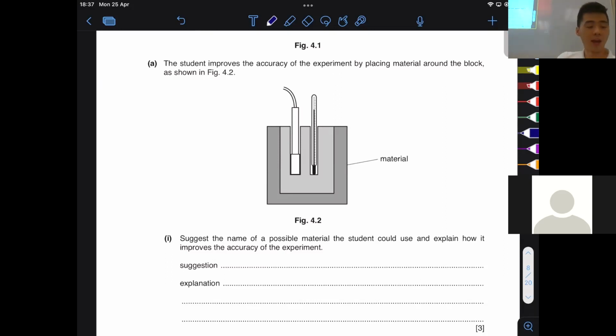Good, very good. Hey guys, this is a super standard question. You must know this. Like I mentioned before, for those who are new here, listen carefully. In any heat calculation question, for example Q equals MC theta, Q equals MLF, Q equals MLV, or any energy-related calculation, that is always the best case scenario.